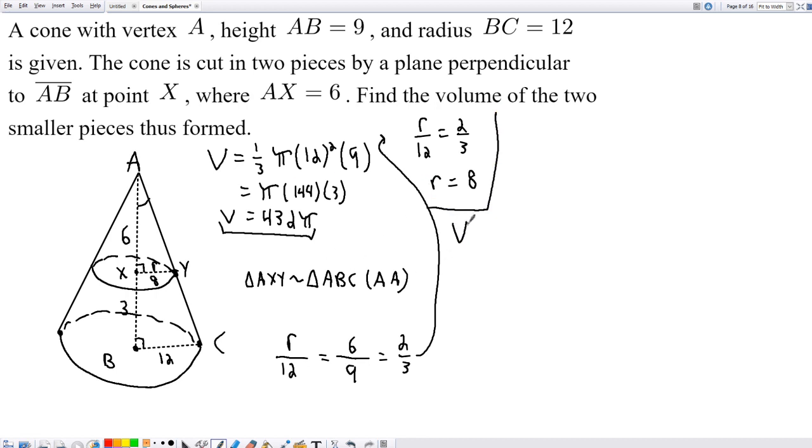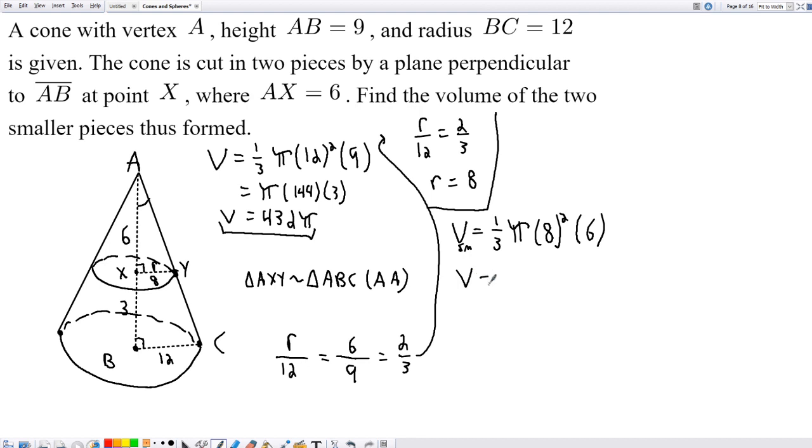The volume of the smaller cone, I'll just put volume small, is 1/3 pi r squared h, where our radius is 8 and the height is 6.